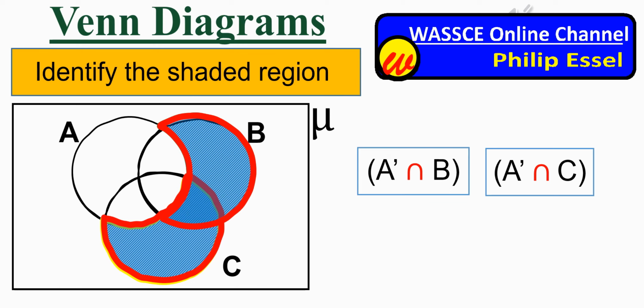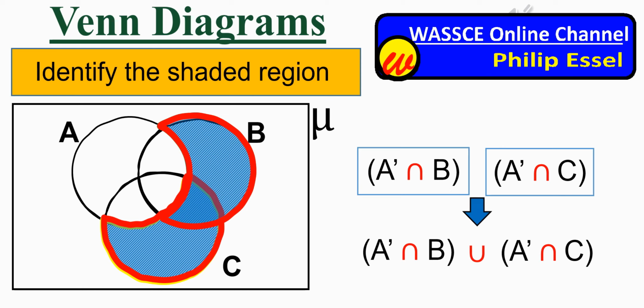In other words, they will form a union. This single region is (A complement intersection B) union (A complement intersection C). Let's look at the next example.